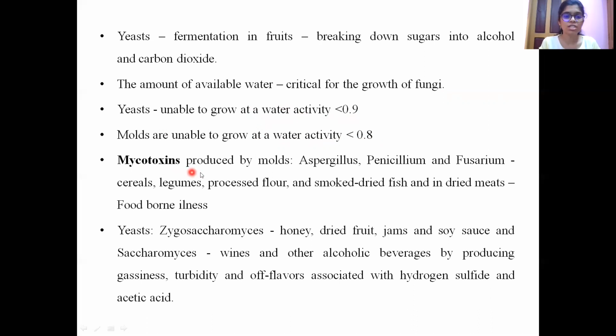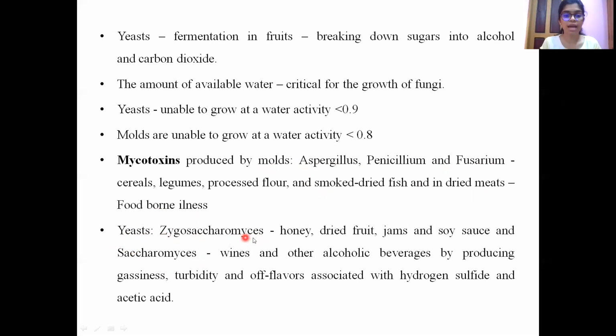The mycotoxins produced by molds such as Aspergillus, Penicillium, and Fusarium, commonly seen in cereals, legumes, processed flour, smoked dried fish, and dried meats, cause foodborne illness when consumed. So here we saw the molds, that is Aspergillus, Penicillium, and Fusarium. And next we'll see the yeasts, that is Zygosaccharomyces and Saccharomyces.